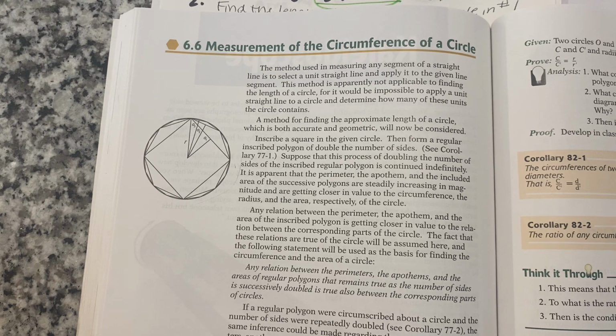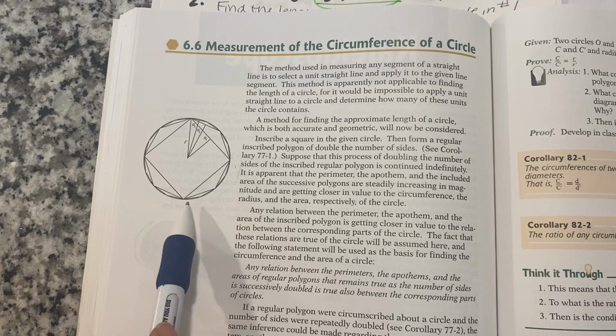Suppose that this process of doubling the number of sides of the inscribed regular polygon is continued indefinitely. It is apparent that the perimeter, the apothem, and the included area of the successive polygons are steadily increasing in magnitude and are getting closer in value to the circumference, the radius, and the area respectively of the circle.